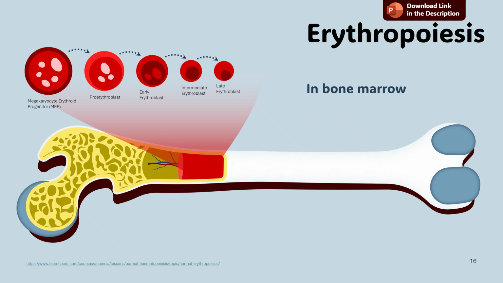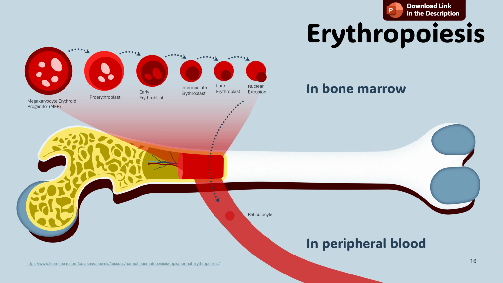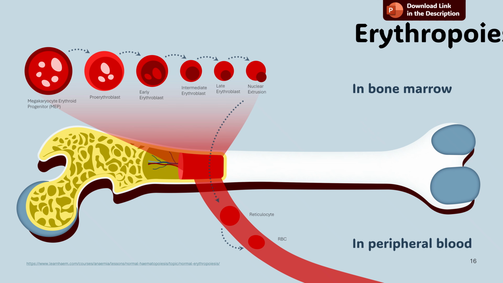Finally, the reticulocyte is the immature red blood cell that enters circulation, where it matures into a fully functional red blood cell. This entire process is tightly regulated to ensure an adequate supply of red blood cells to meet the body's oxygen transport needs.